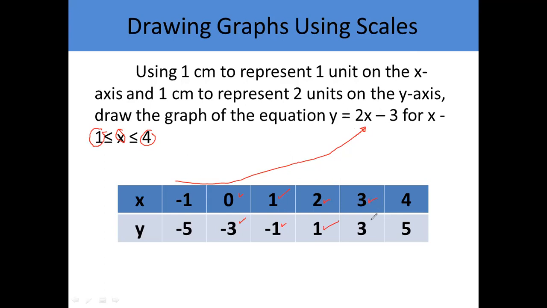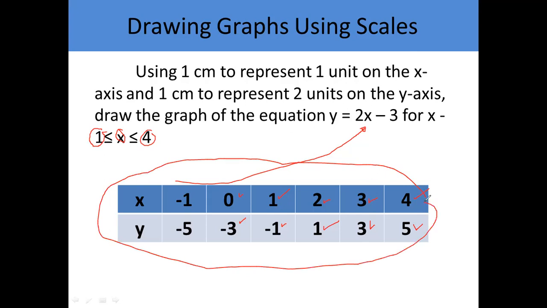When your x is 4, 2 times 4 is 8, minus 3 is 5. So these are now your ordered pairs, and this is what you need to plot in the graph.